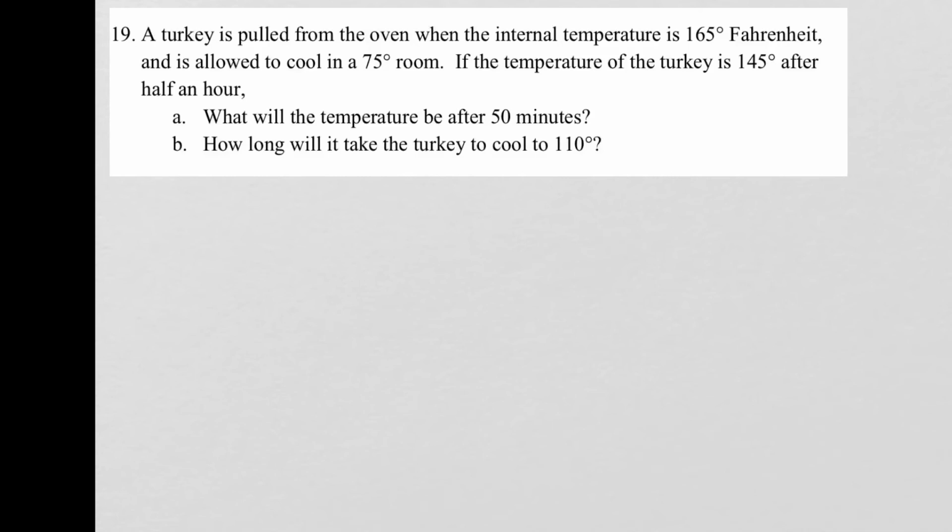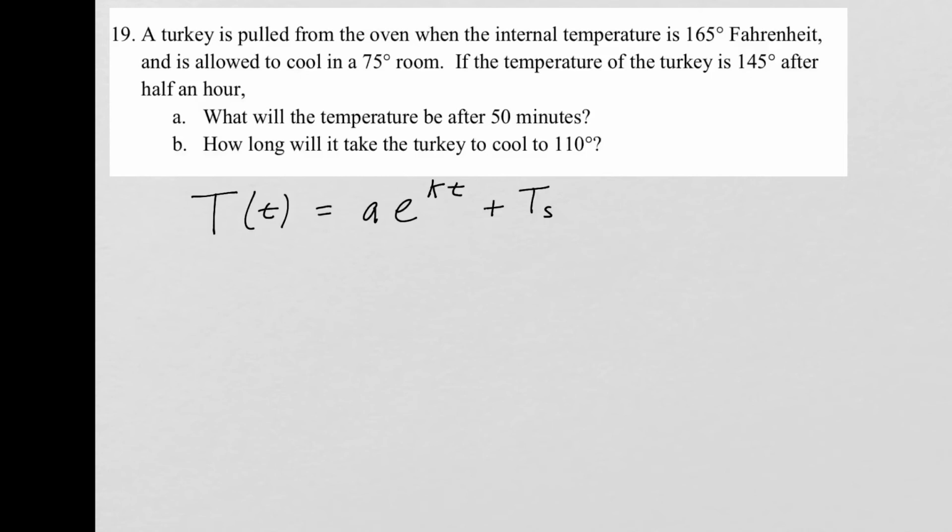Okay, so to start, let me write down the basic Newton's law of cooling formula. We know that the temperature at some time t is equal to A e to the kt plus T sub s. That was the initial function for Newton's law of cooling. What do we know?